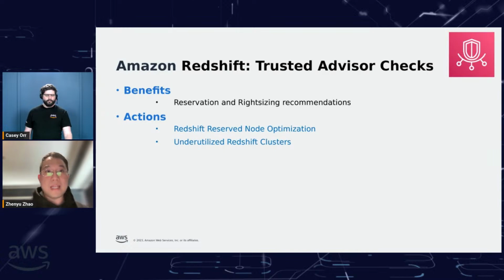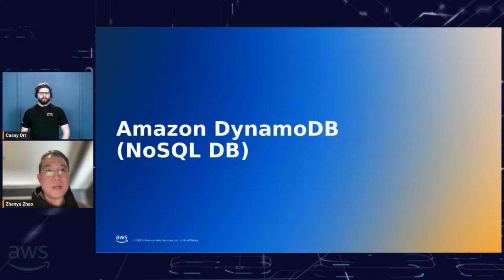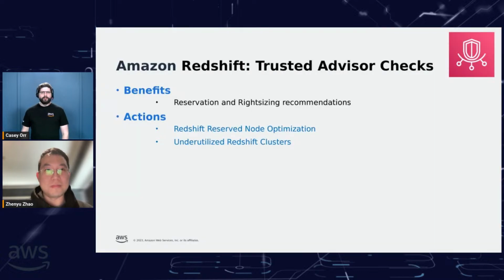And also regularly go back and check your Trusted Advisor. That will give you a holistic report of what you need to do. So this is all before you jump into DynamoDB. Also Redshift Serverless is GA, I believe, and available in many regions. So there's also another one to look into if you have somewhat inconsistent workloads.